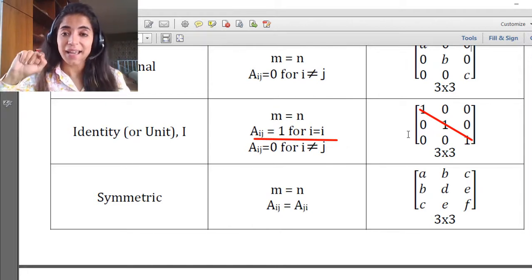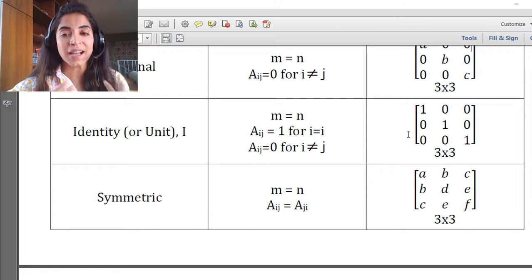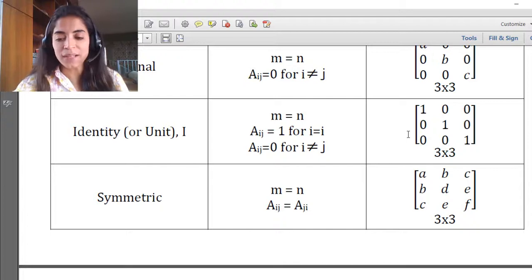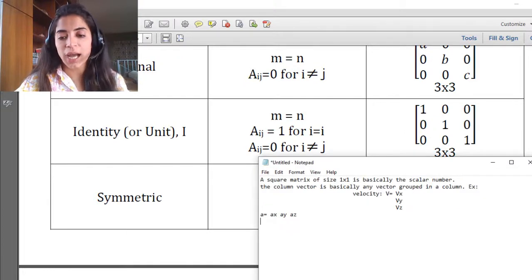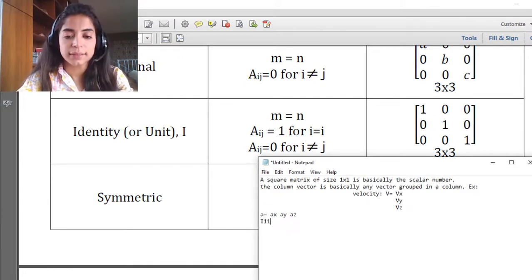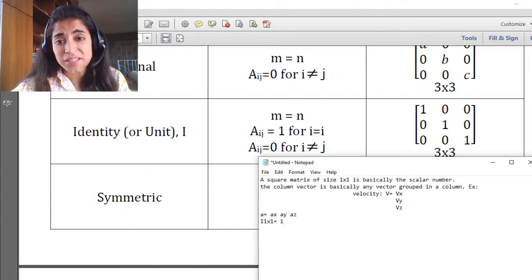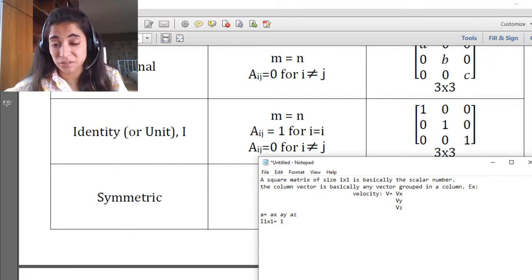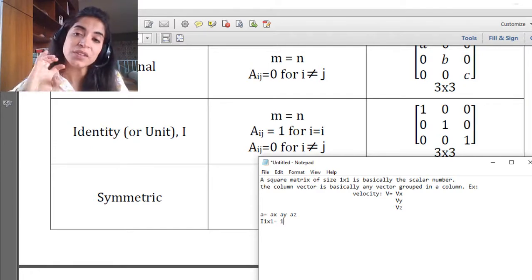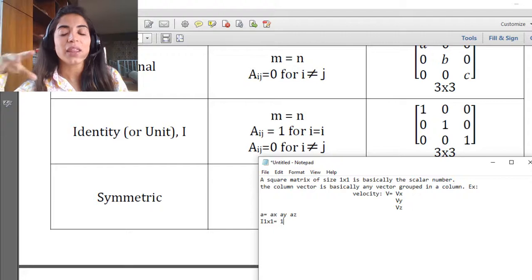So guys, if I ask you to give me an identity matrix of size 1 by 1, it is called basically I11. So what is I11? I11 is basically 1. 1 is a scalar identity matrix. And you'll see, guys, how this one could be used in the inverse matrix.